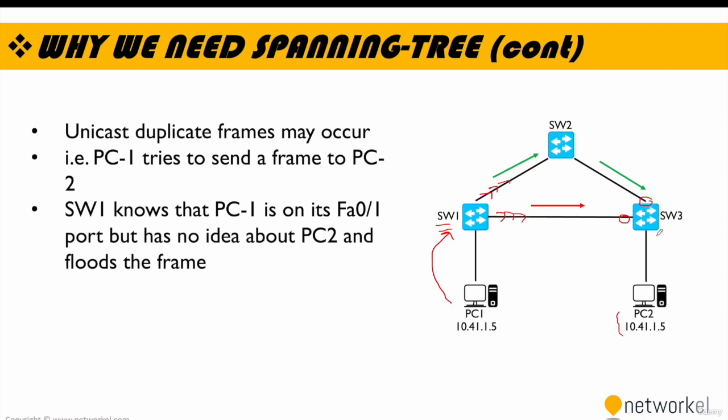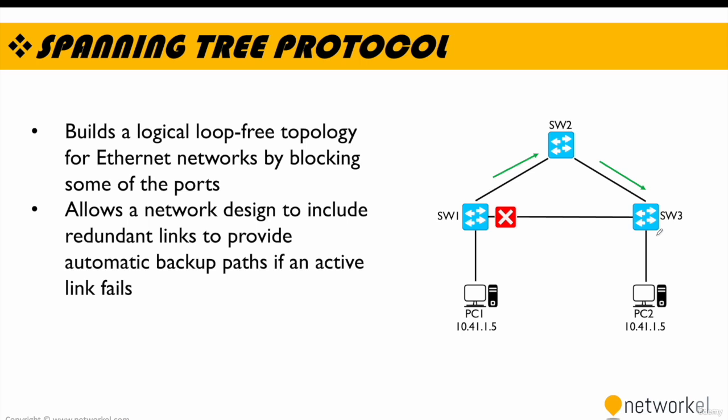So to prevent both scenarios, unicast duplicate frame issues as well as broadcast storms, we have the spanning tree protocol. Spanning tree builds a logical loop-free topology for Ethernet networks, and it achieves this by blocking some of the available ports.